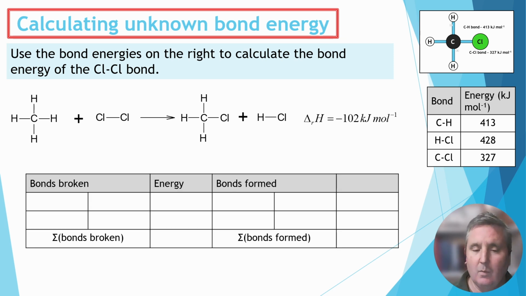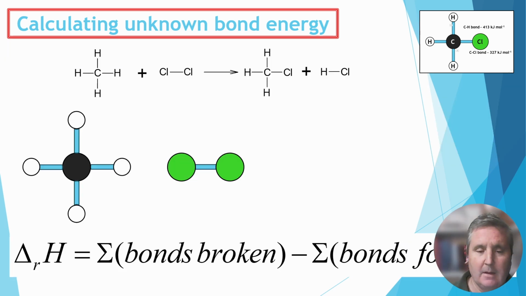Again, we're going to use a table here, but let's have a look at what's actually happening in this reaction. So in this reaction, we have a methane molecule and a chlorine molecule that we are going to react together to produce the chloromethane molecule and the hydrogen chloride molecule.